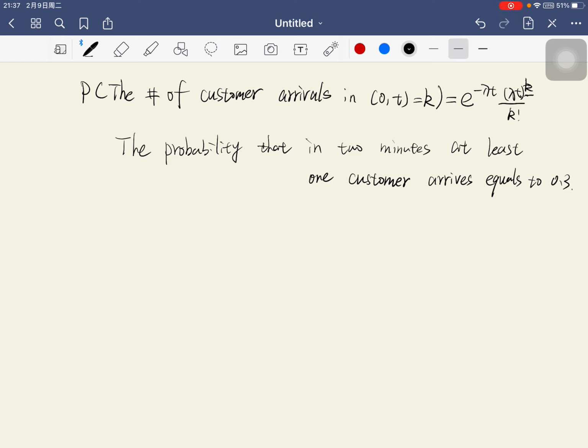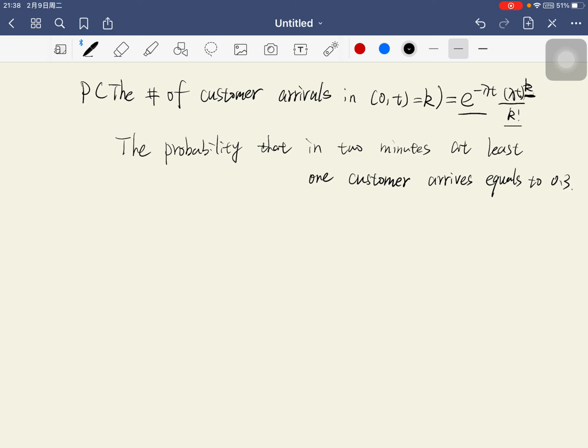In this question, the customer flow at the grocery store can be viewed as a Poisson process, and the probability of the number of customers arriving in 0 to t minutes being equal to k customers is equal to e to the power of minus lambda t times lambda t to the power of k over k factorial.